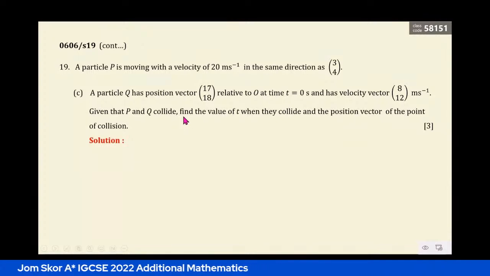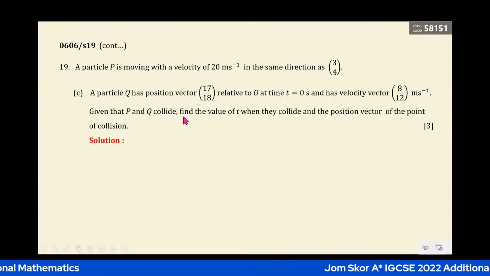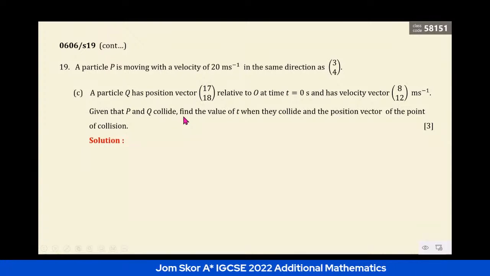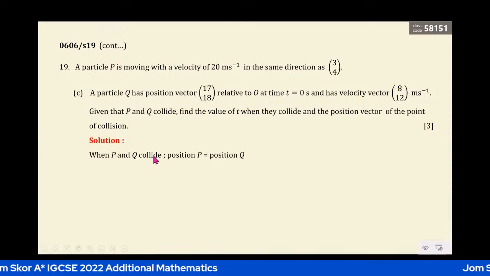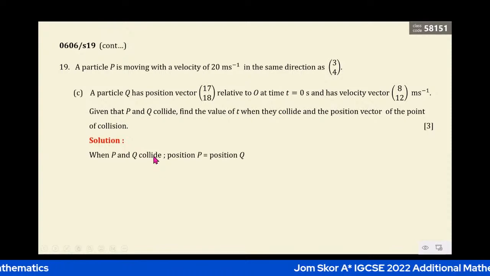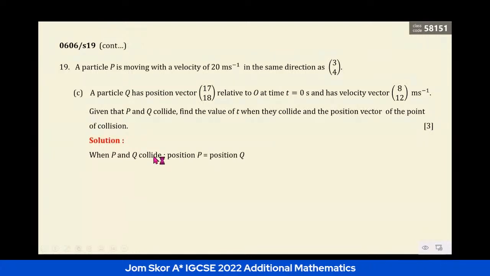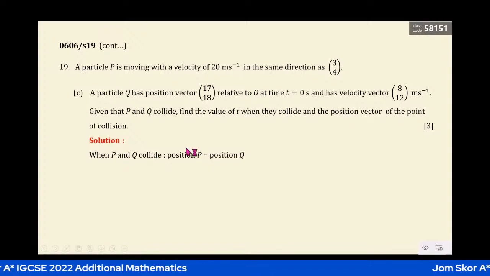Okay, so you all kena ingat bila two particles collide, meaning that they will meet at the same point. Okay, so at that point, the position vector of P dengan position vector of Q will be the same. Okay, so position vector P is equal to position Q. Alright, so kita tengok sekarang ni, what is position P?